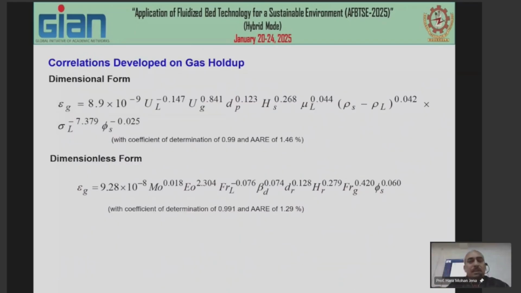Correlations have been developed for gas hold up. The gas hold up correlations in dimensionless form and dimensional form are available here. In dimensionless form, it involves the Morton number, Eötvös number, liquid phase flow number, the ratio of the diameter of the particle to the diameter of the bed, the height ratio, the gas phase flow number, and the particle shape.